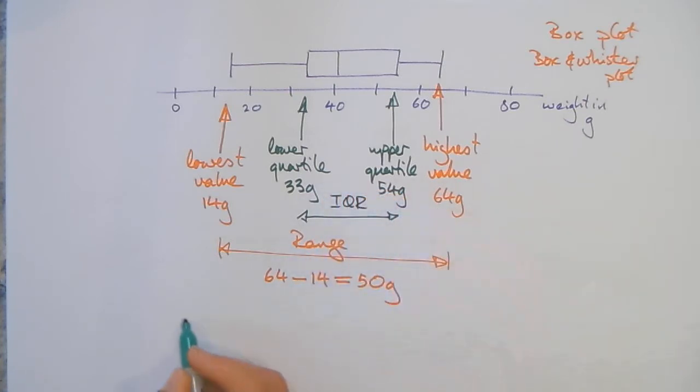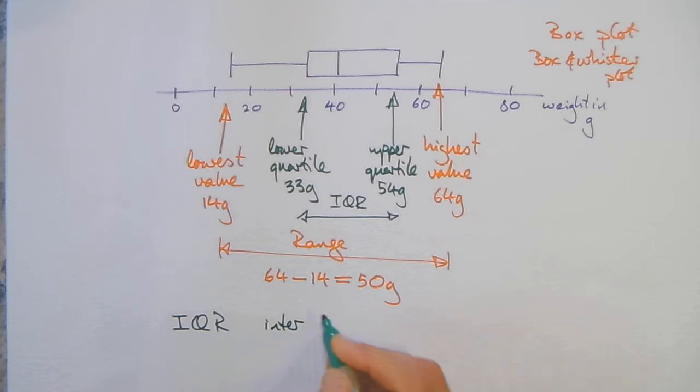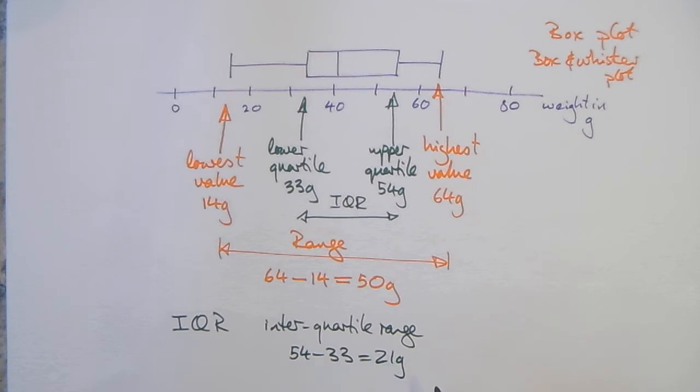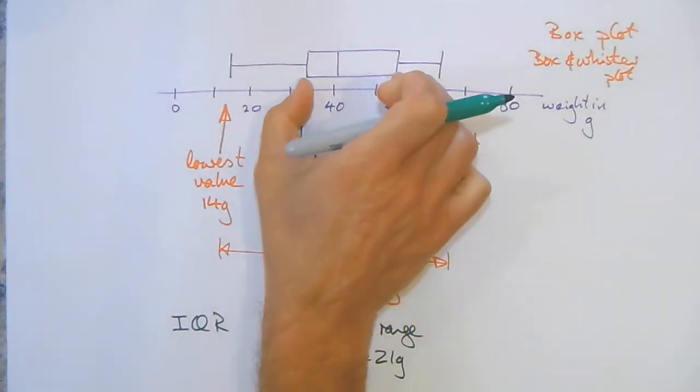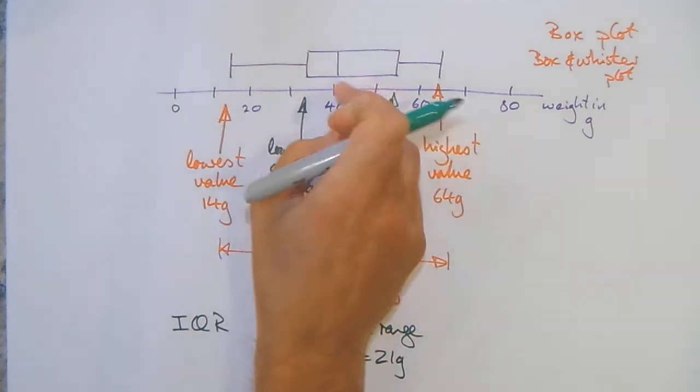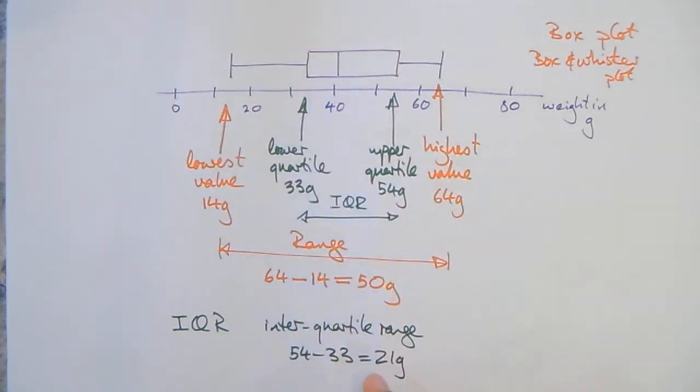And then here where I've got space, I'm going to write IQR stands for inter, between, quartile, the points in the data which mark 1/4 and 3/4 of the way through, range, a difference in values. 54 take 33, 21 grams. What does that represent? The middle half of the data is within 21 grams of each other.